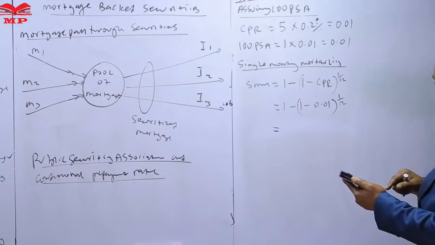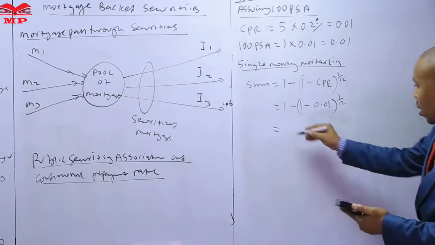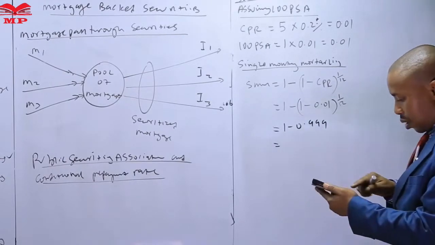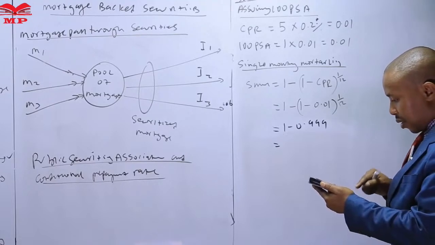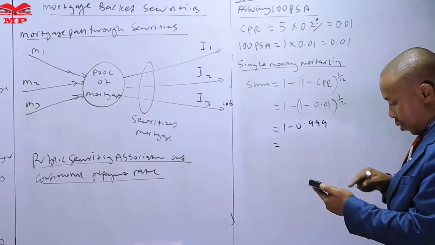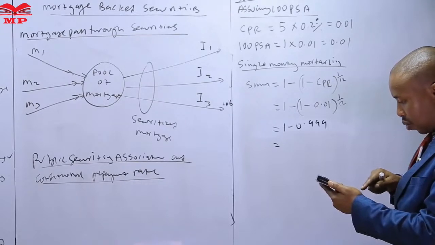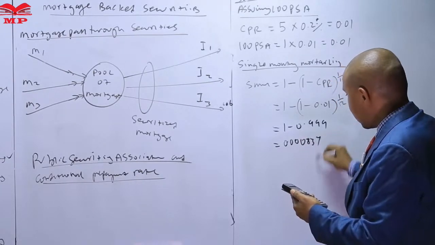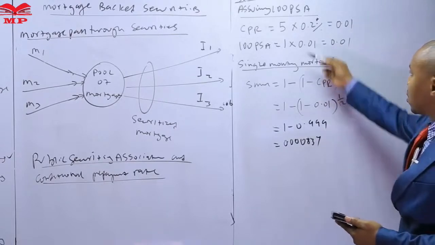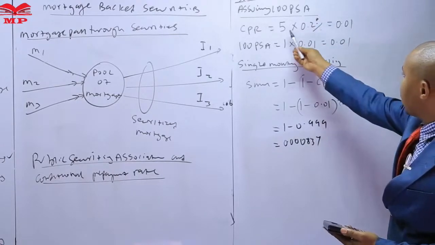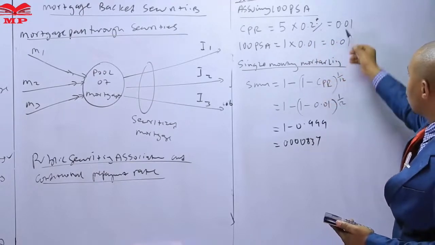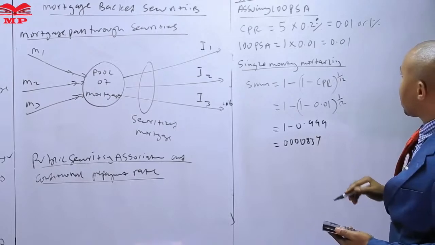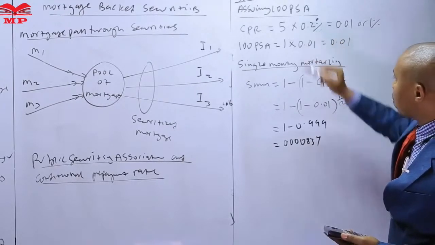We get 0.999, so we have 1 minus 0.999, which is 0.000837. So this is assuming 100 PSA. It's 5 times 0.2, which is 0.01, or 1%. Now this is for the 5th month.